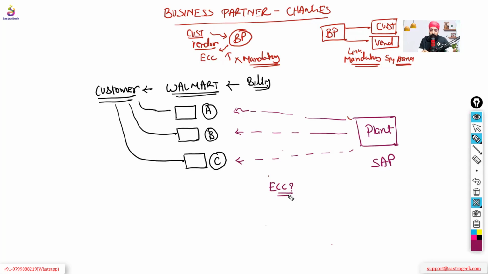In ECC, in this scenario, how many customers are you going to create? How many different customers? Okay, these 3 are the different locations where you need to deliver.